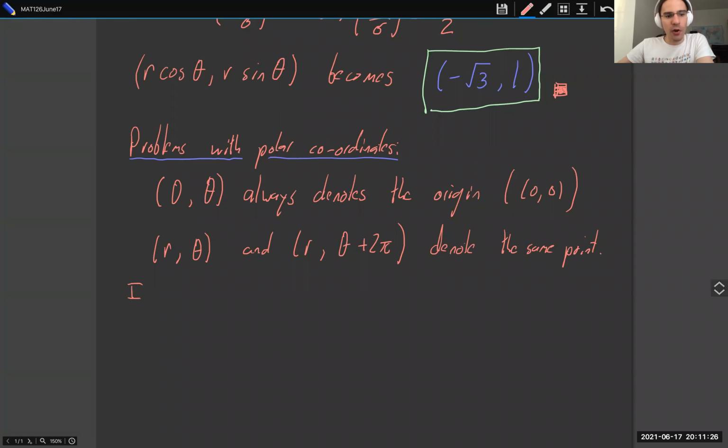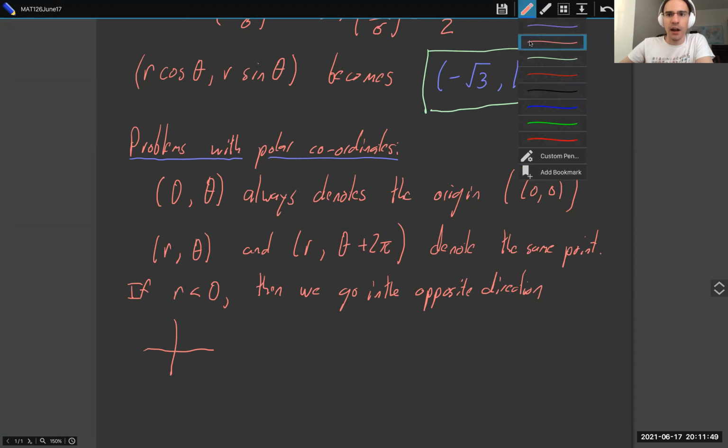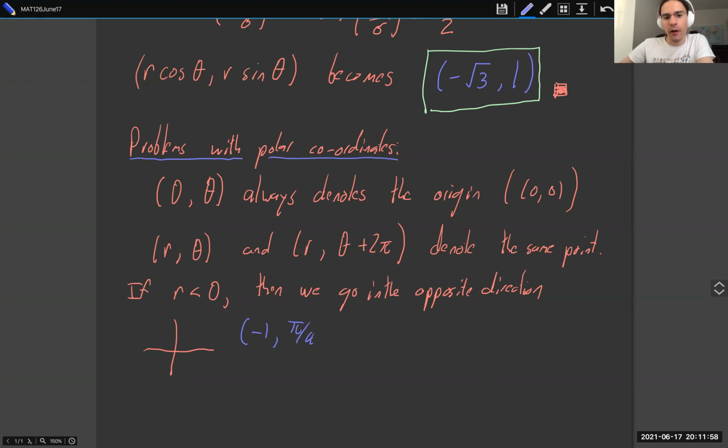If r is less than 0, then we go in the opposite direction. So for example, let's say my radius is -1 and my angle is pi over 4.